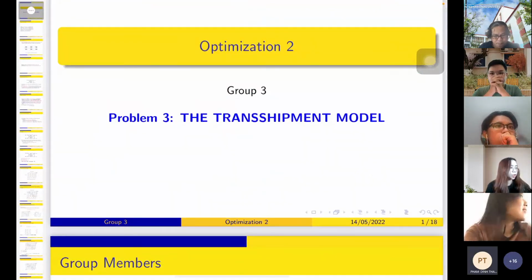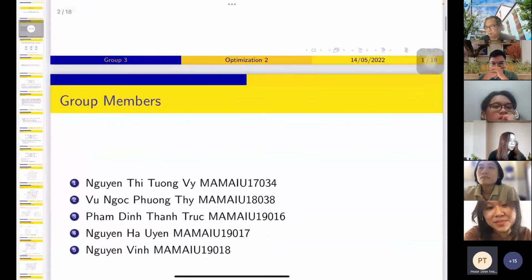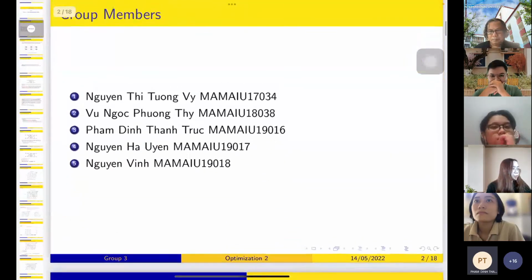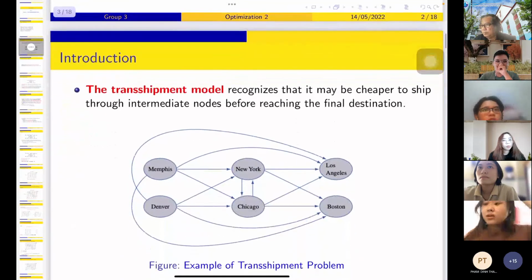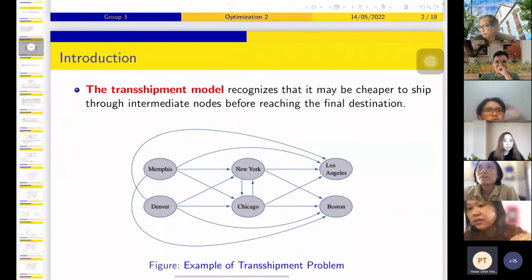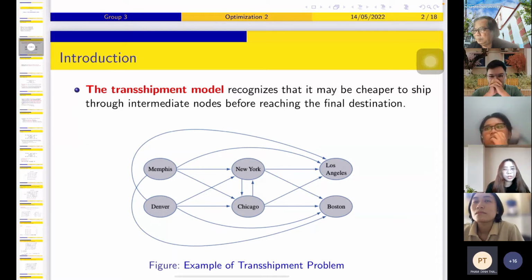We are group 3, and today we will present the topic, the transshipment model. Group members are Nguyễn Thị Tường Vi, Vũ Ngọc Phương Thi, Phạm Minh Thanh Trúc, Nguyễn Hà Uyên, and Nguyễn Vinh. So, what is the transshipment model? It is an extension of the transportation problem, and the transshipment model recognizes that it may be cheaper to ship from a source through intermediate nodes before reaching the final destination.